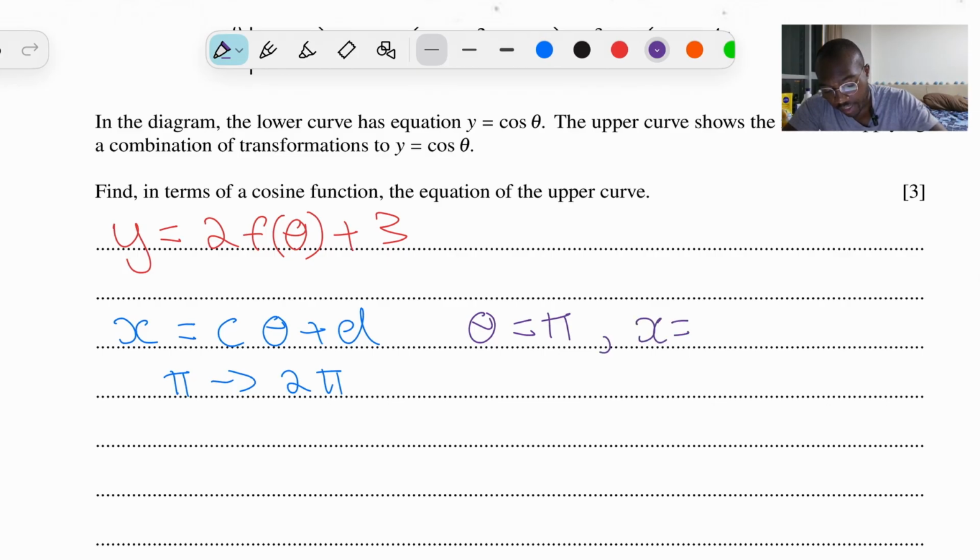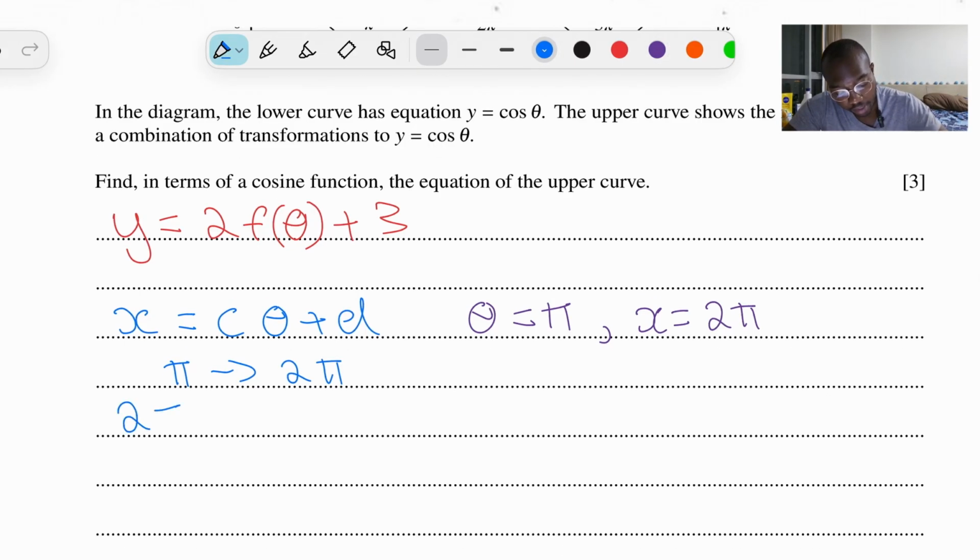And we apply that same formula. So therefore, we get 2 pi is equal to c pi plus d. Okay, and we can't do anything with that yet because we don't know what our values are. But again, we're going to find another point to map, and then we're going to have simultaneous equations.